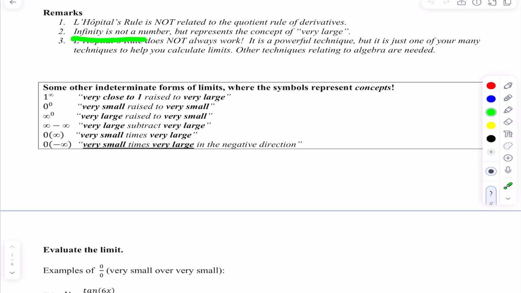You've got to remember, infinity is not a number, but represents the concept of very large. Another thing you want to keep in mind is that L'Hopital's rule does not always work. It's a very powerful technique, but it's just one of your many techniques relating to algebra. Other techniques relating to algebra are needed.